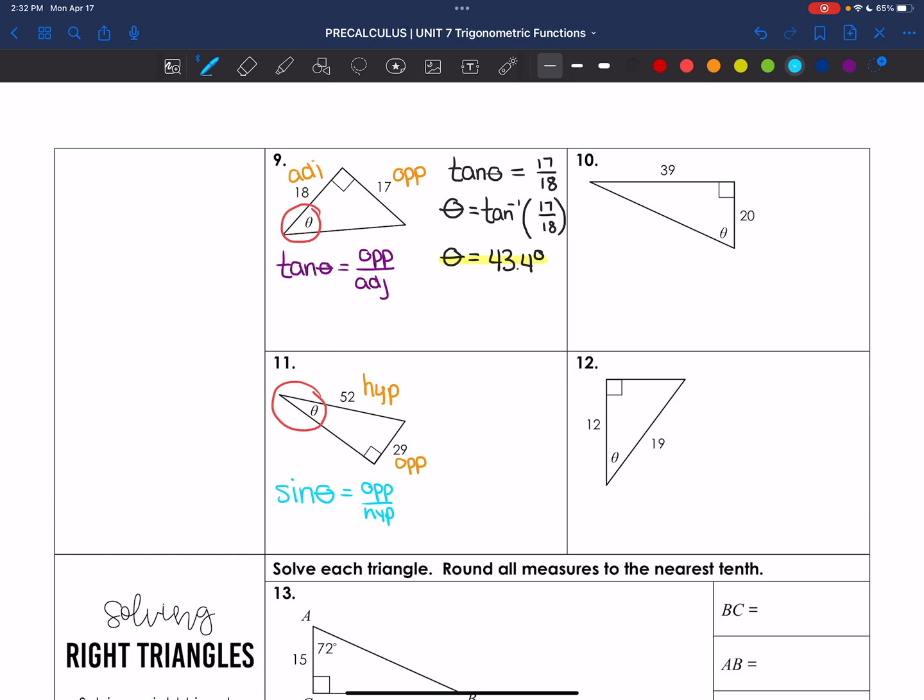So let's go ahead and substitute in. We are looking to find theta. We don't know what that is, but we know opposite is 29, hypotenuse 52. That means we're going to need to take the inverse sine of that ratio to find the angle. And what is that approximately, ladies and gents? You should have got 33.9 degrees.